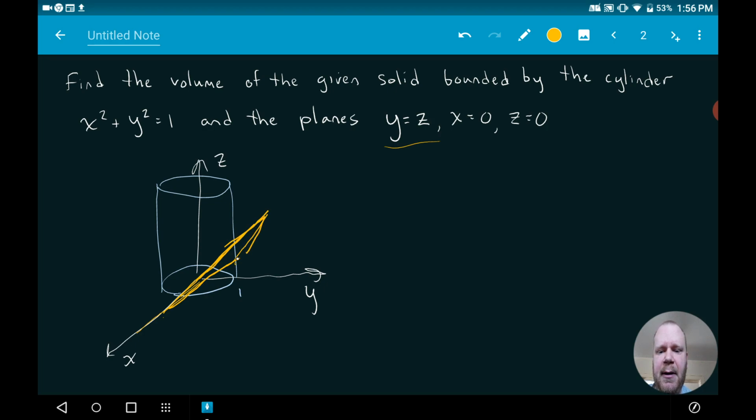But anyway, the idea is we have some plane, I guess, facing like this, right? When x is equal to 0, that's going to be this back wall here. And so it looks like it's going to be everything out in front of this plane here.